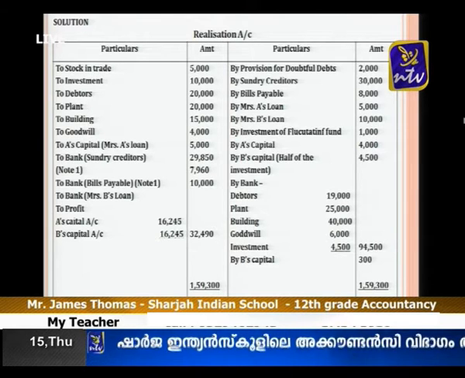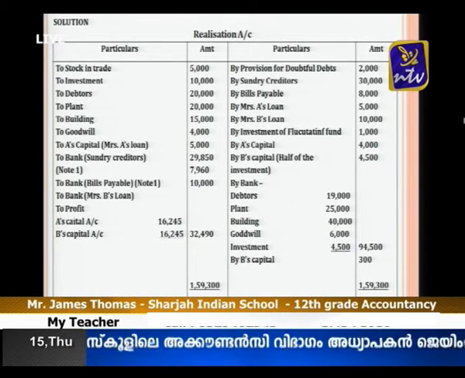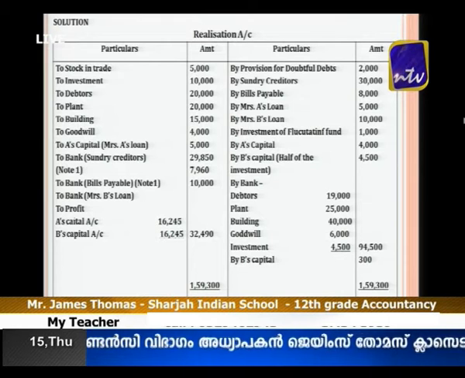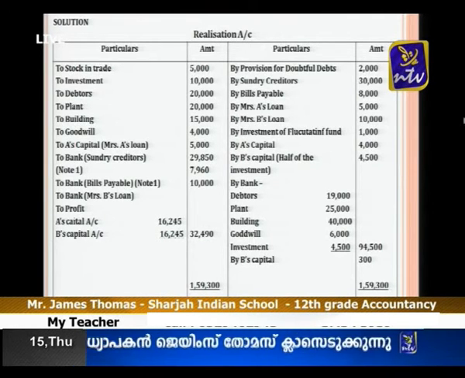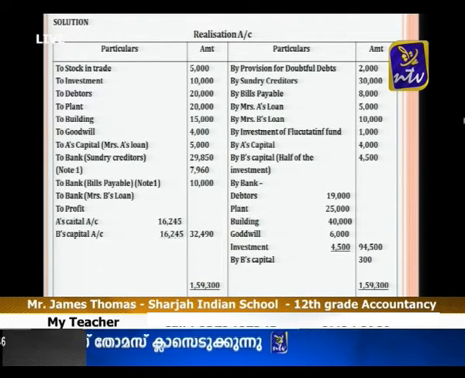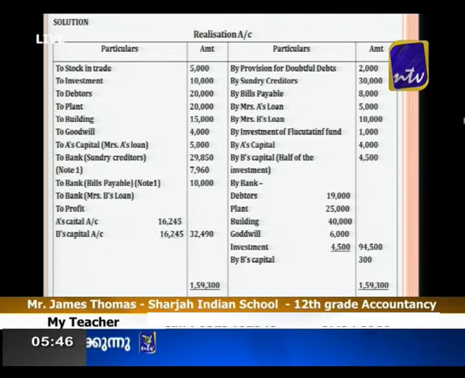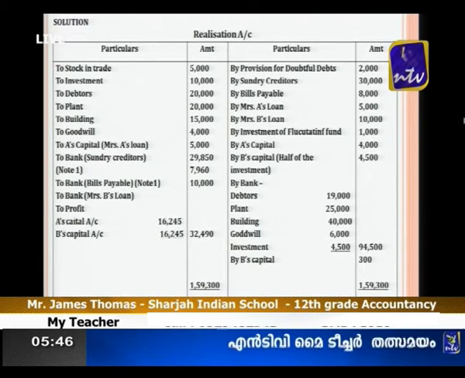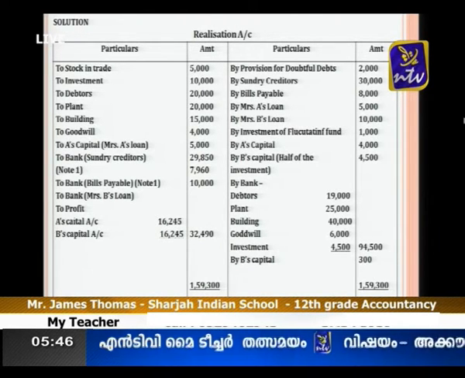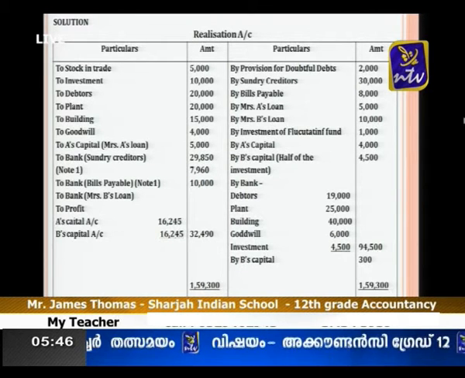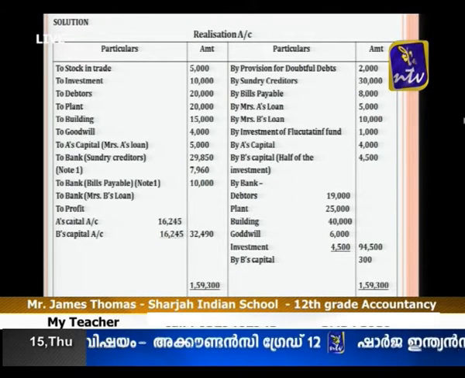Afterwards, we transfer all liabilities including provision for bad and doubtful debts: various liabilities account debit to realization account, by provision for doubtful debts, by sundry creditors, by bills payable, by Mrs. A's loan, by Mrs. B's loan. Another adjustment is that it is paid by other partners.